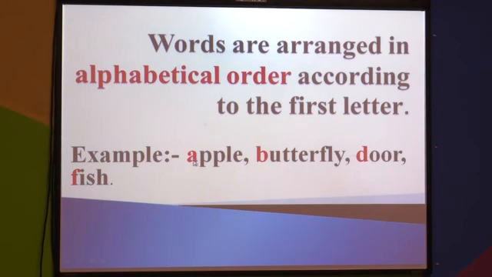You can see that A will come first, then B, then D, then F. Related to A we see the word apple first, then related to B butterfly, D door, and F fish. So these words are arranged in alphabetical order according to the first letter. Got it?